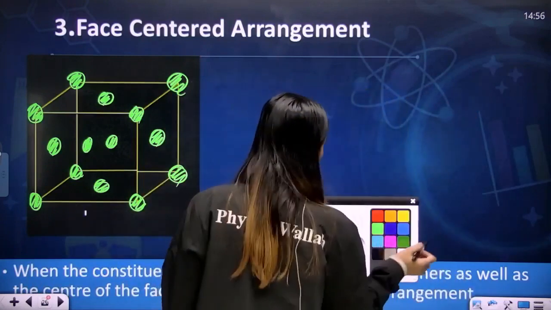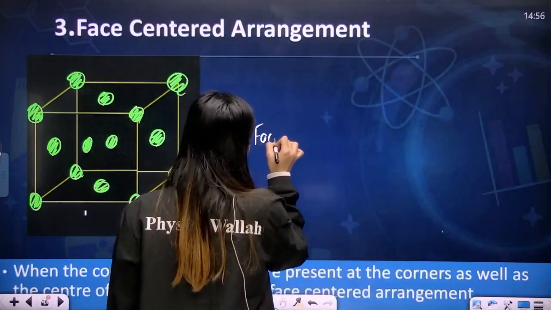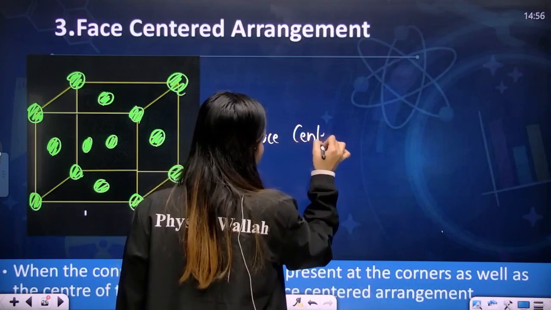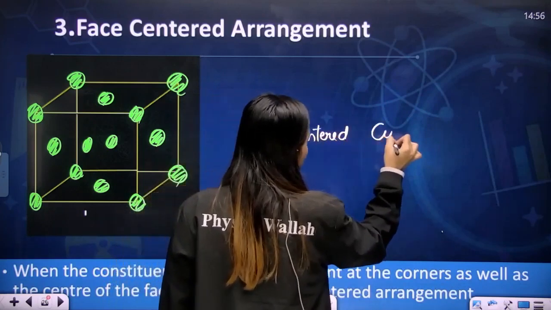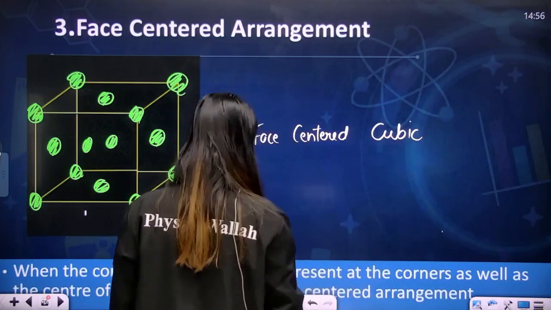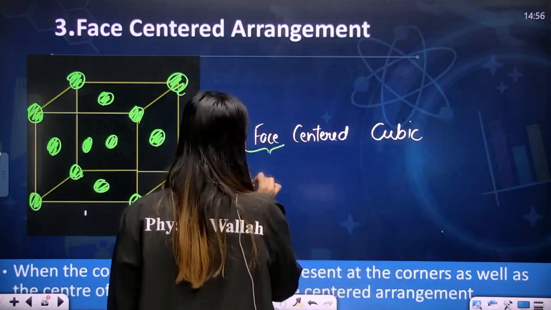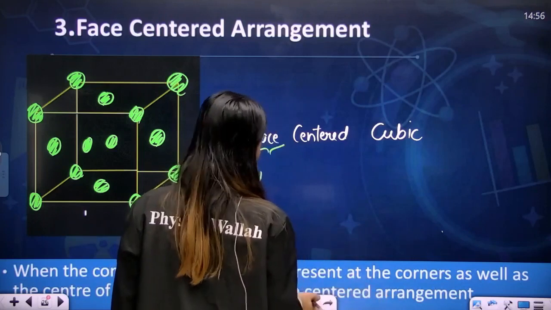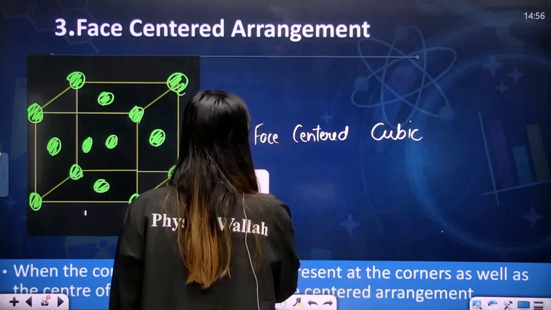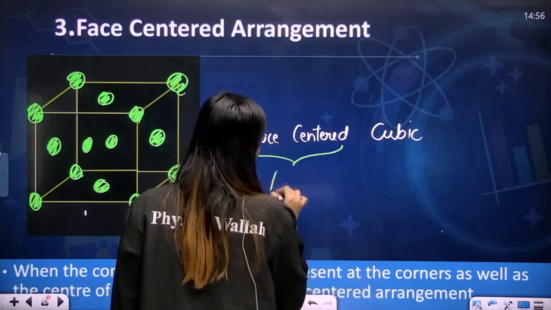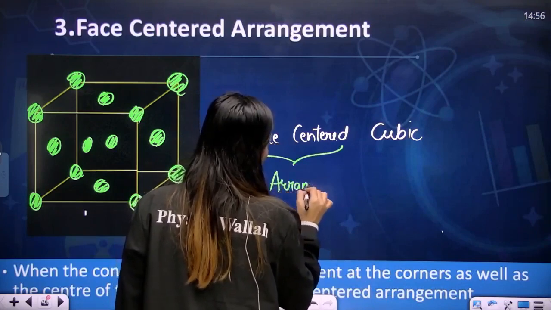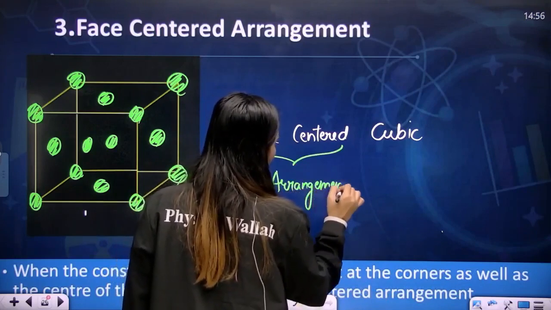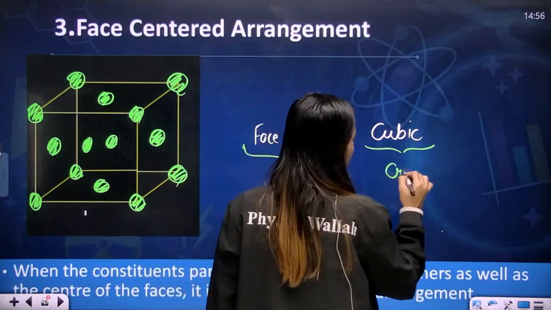So you call it as face centered cubic crystal system. Okay, so this is your arrangement, and this is your crystal system.